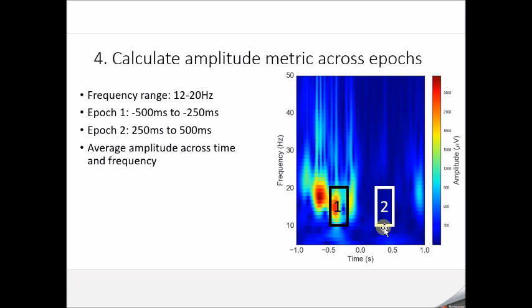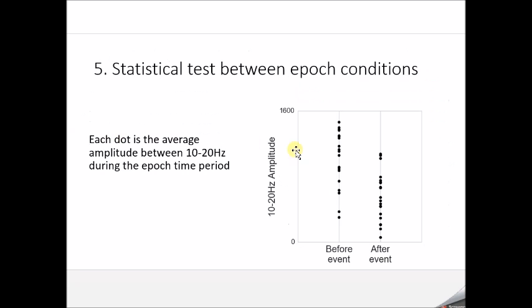And we can do the same after the event in this white box to average the amplitude for this time and frequency period. So now we have one amplitude value for each trial before and after the event. So we can do a statistical test between these two populations to see if they're significantly different.